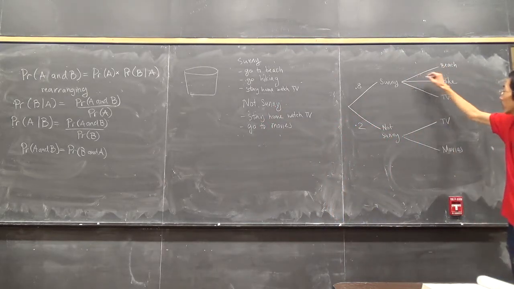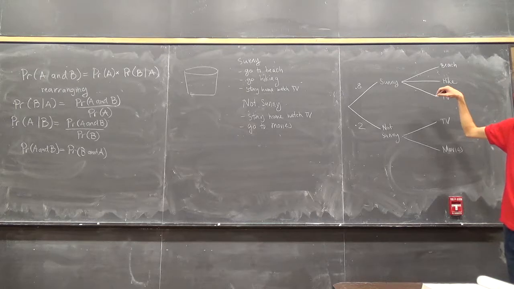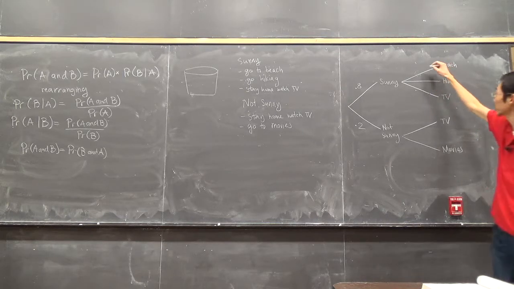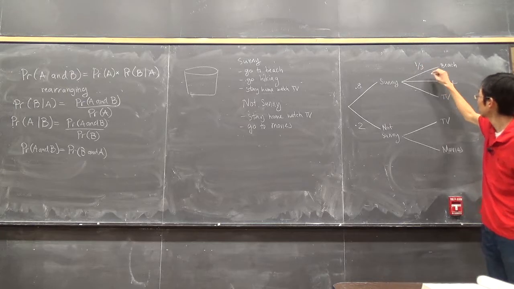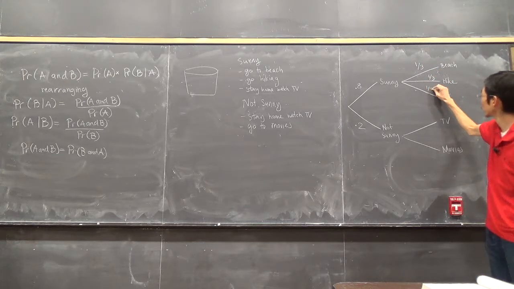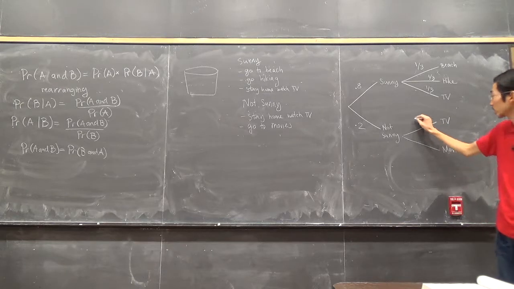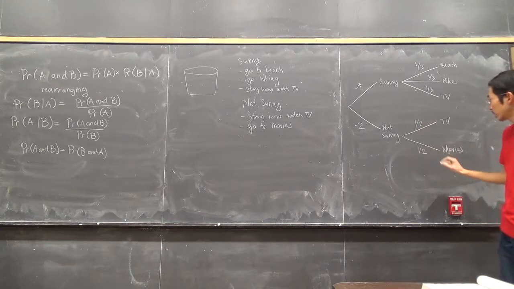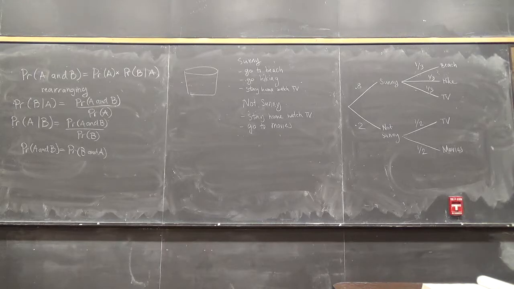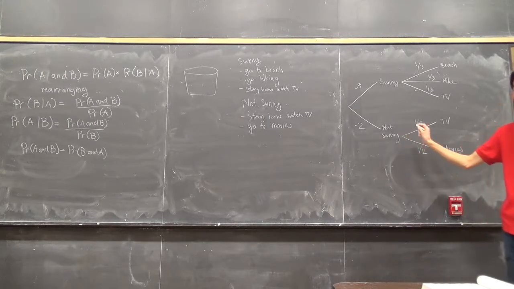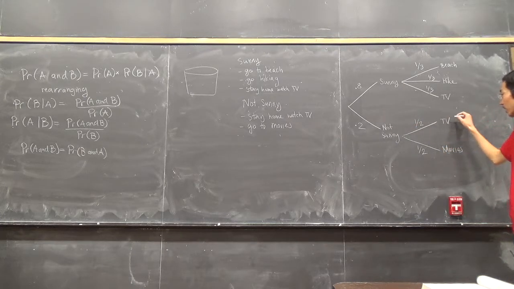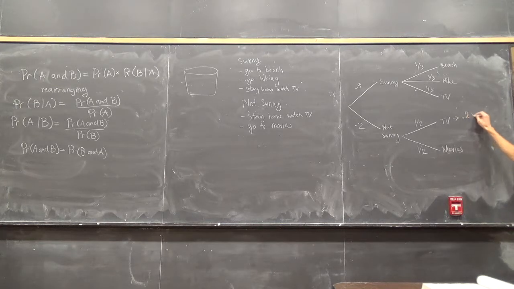And then on each of these branches, we put the given probabilities, or the conditional probabilities. So if it's sunny, we end up going 1/3, 1/3, 1/3 for each of these branches here. And over here we have 1/2, 1/2, or 0.5 and 0.5. So to answer our question of what's the probability that it's not sunny and we watch TV, we would just go down the line and do 0.2 times 1/2, and we would say this is 0.10.